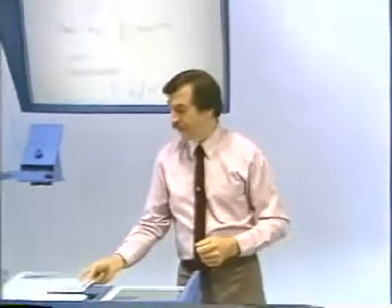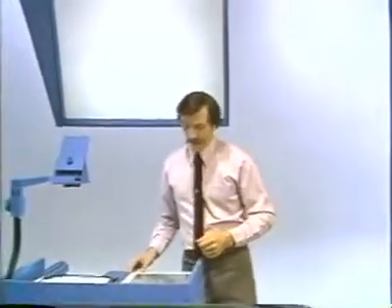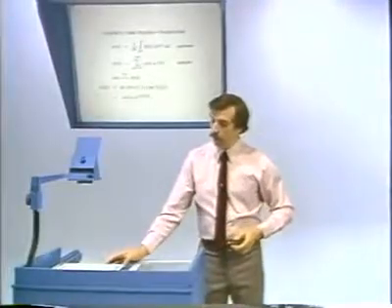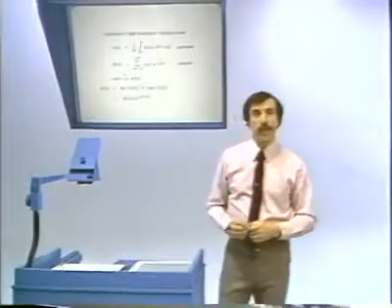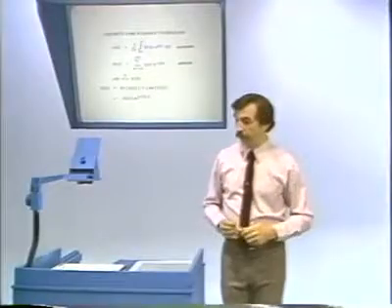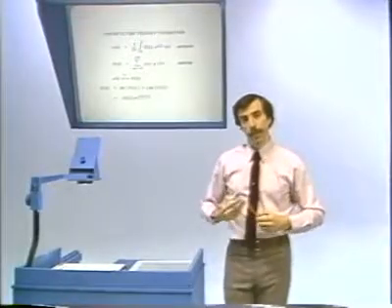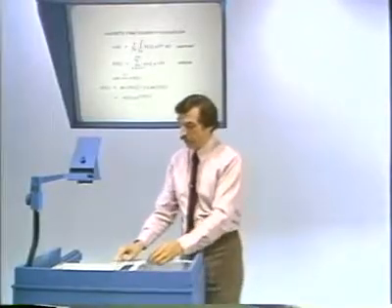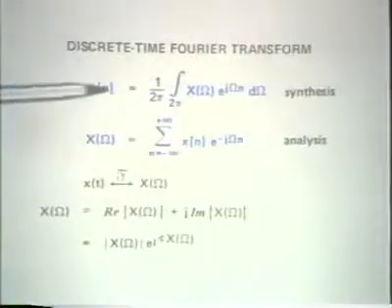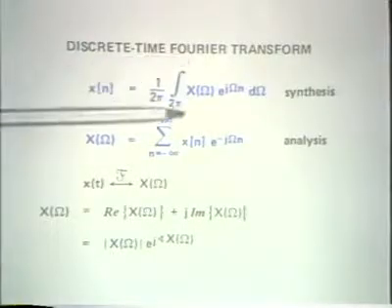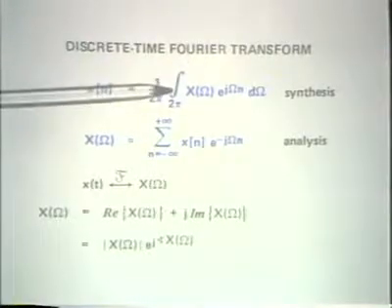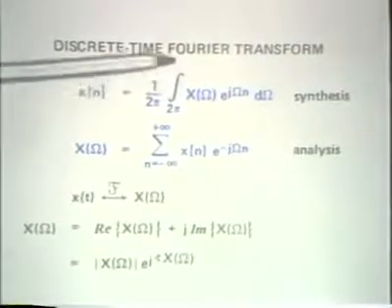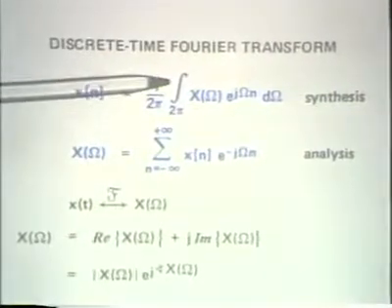So what we have then is the discrete time Fourier transform, which is a representation of an aperiodic signal. And we have the synthesis equation, which I show as the top equation on this transparency. And this is the integral that the Fourier series synthesis equation went to as the period went off to infinity.